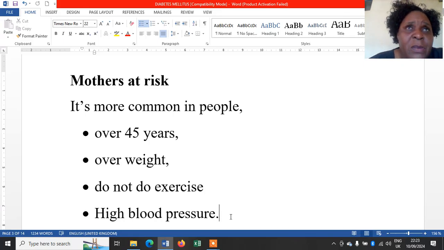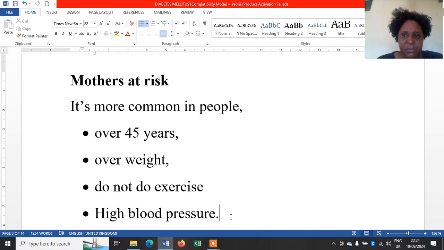So, after investigations, we find out that this mother is diabetic, or this mother is having hyperglycemia. So that is our most worry as regarding midwifery and the management.